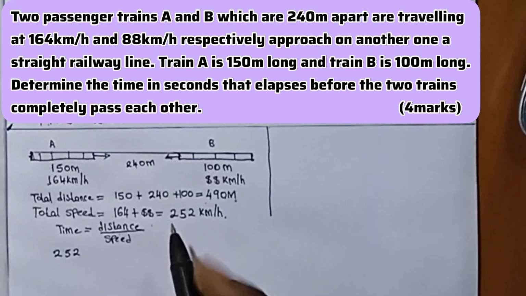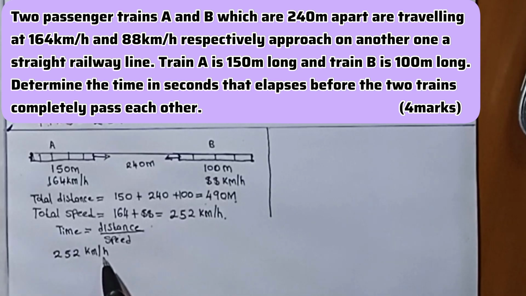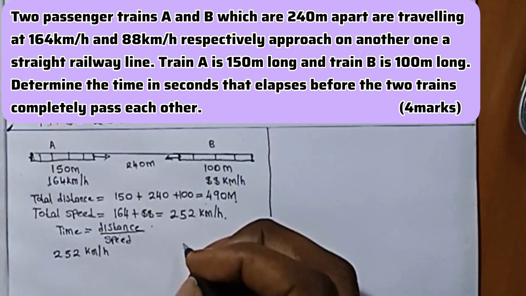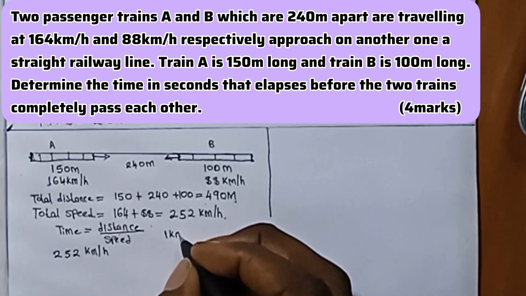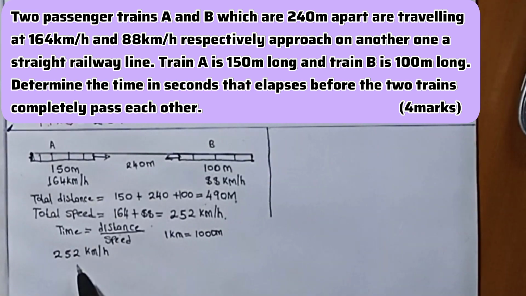So this is in kilometers per hour. So that we can find this in meters, let us multiply, because 1 kilometer is equal to 1000 meters. So that we can convert this to meters, we are going to multiply this by 1000.